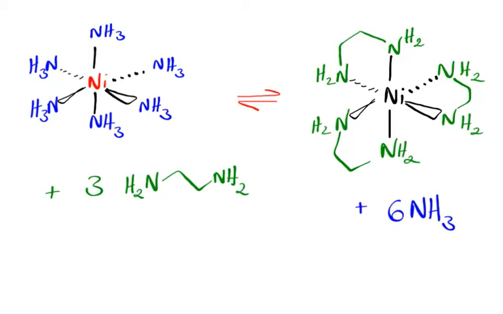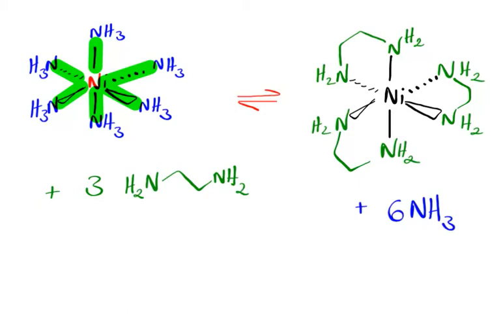To decide whether this is endothermic or exothermic, a good place to look is the bonds that are broken and the bonds that are formed. In this reaction, these are the bonds that we're going to break in the ligand substitution reaction: 6 nickel-nitrogen bonds, the nitrogen of an ammonia molecule.